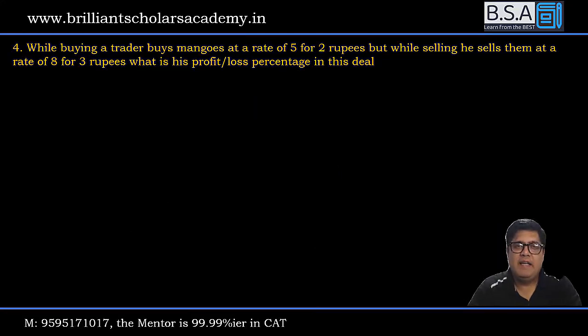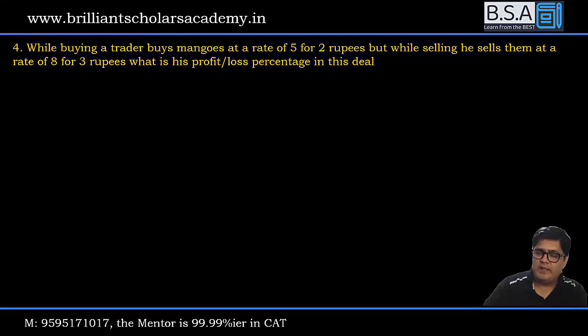While buying, a trader buys mangoes at a rate of 5 for 2 rupees, but while selling, he sells them at a rate of 8 for 3 rupees. What is his profit or loss percentage in this deal?